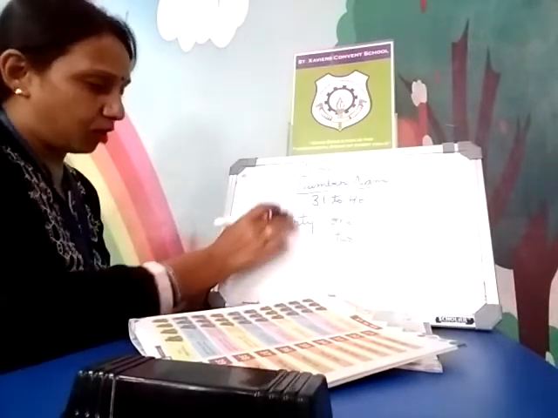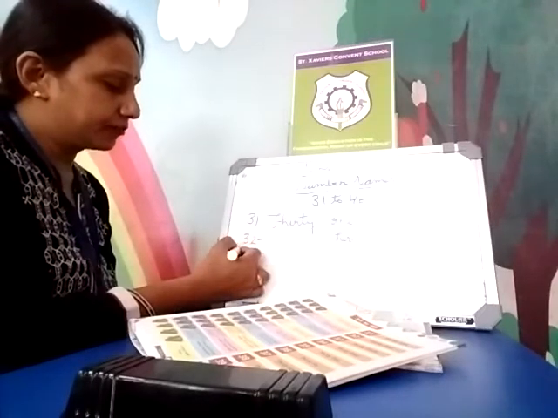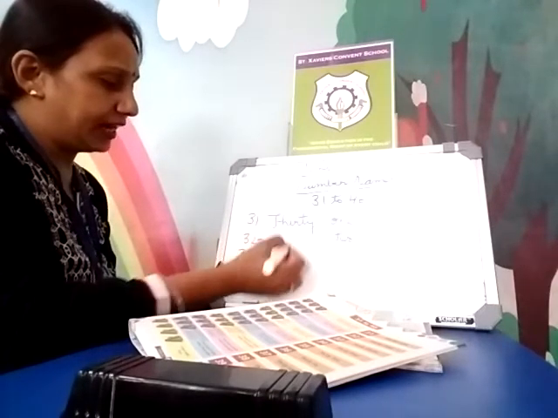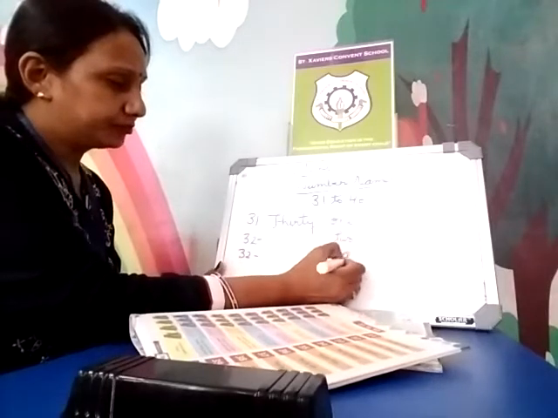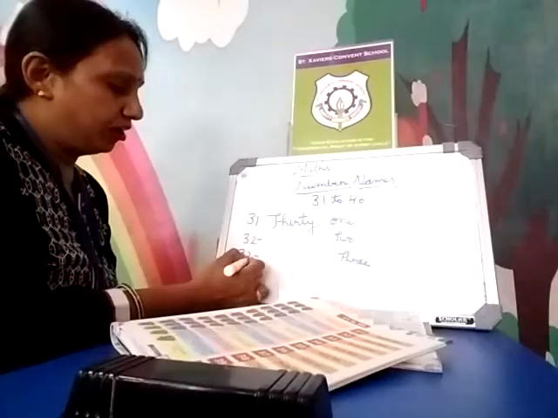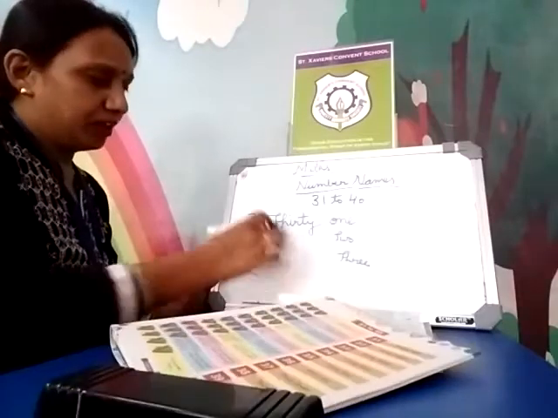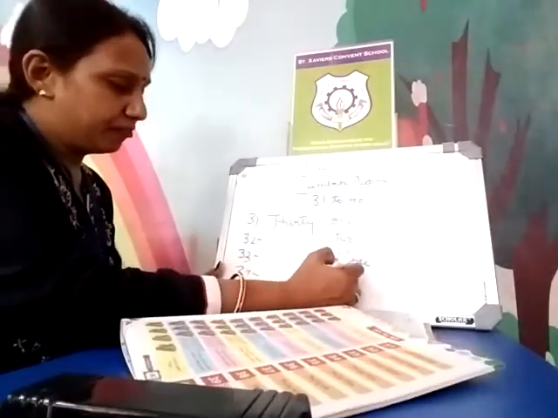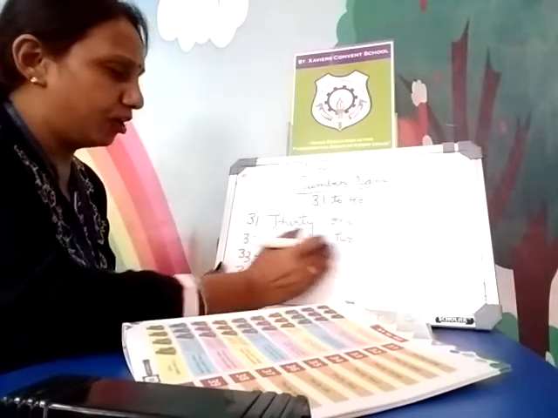You will copy the spelling of 30 here. Spelling of 33, you write here. Spelling of 34, you write the spelling of 30 here, and the spelling of 4, FOUR, 4.